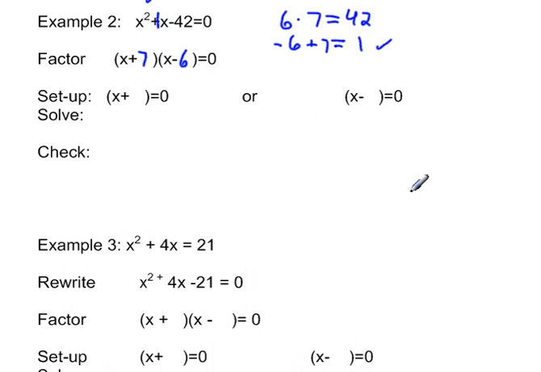Now that I have it factored out, I have to set it up. So x plus 7 equals 0, or x minus 6 equals 0. And we're going to solve by subtracting 7 to both sides.